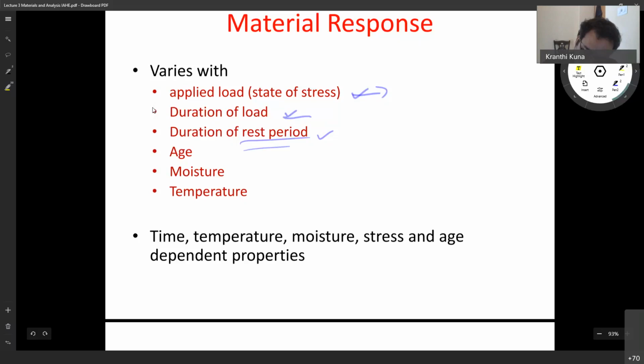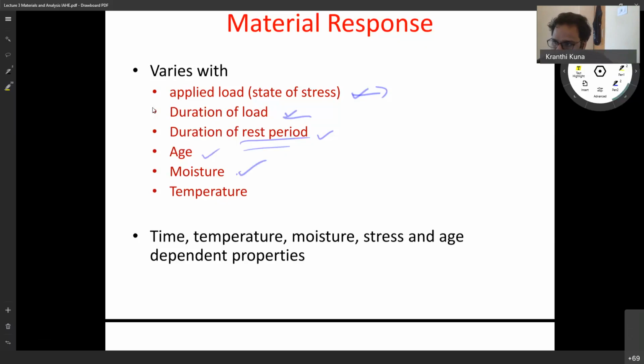And aging means obviously asphalt materials age with time. Okay, they oxidize with time, so the bitumen present in the asphalt becomes brittle, and it is subjected to different moisture conditions. Immediately after monsoon or during monsoon, the moisture will be more.